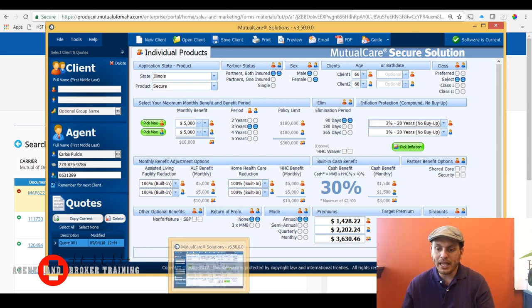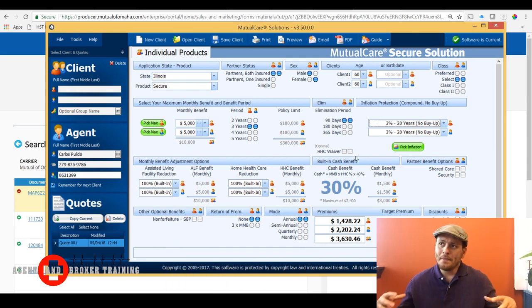Okay, built-in cash benefit. Let's say the client wants their daughter to take care of them and not some nurse, some stranger, come in their house, right? Well, they can decide to get 30% cash benefit paid directly to them so that they can pay the daughter, or it can get paid directly to the daughter.